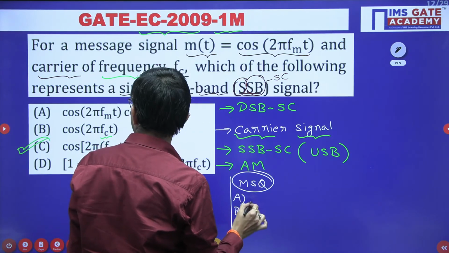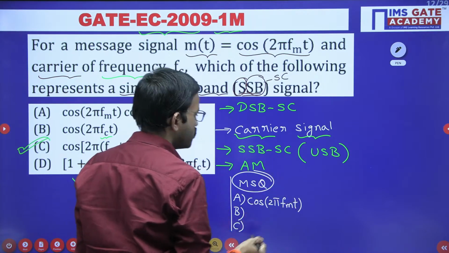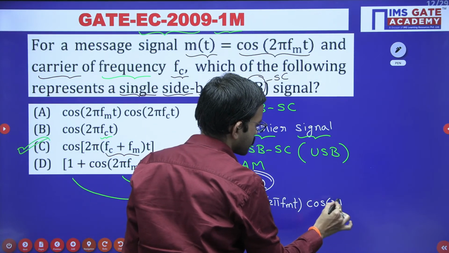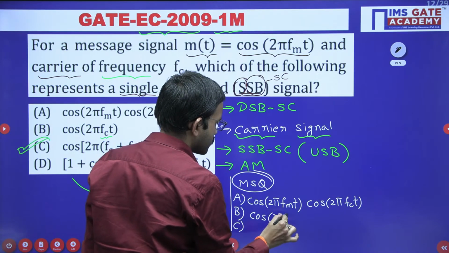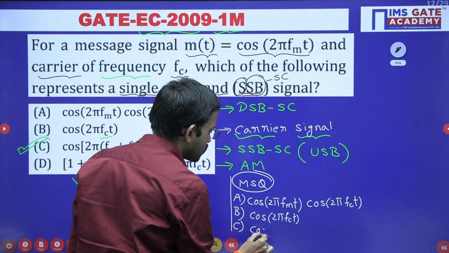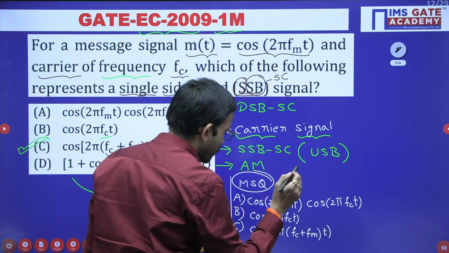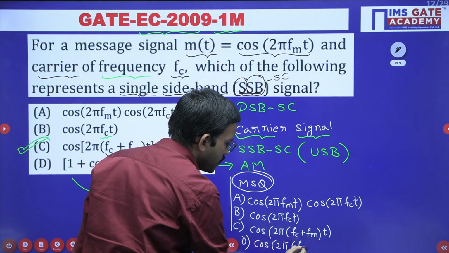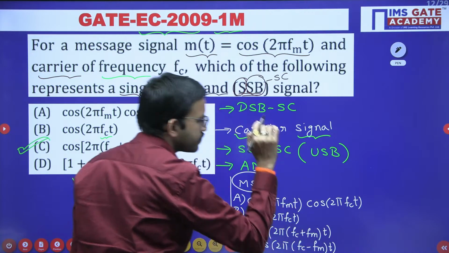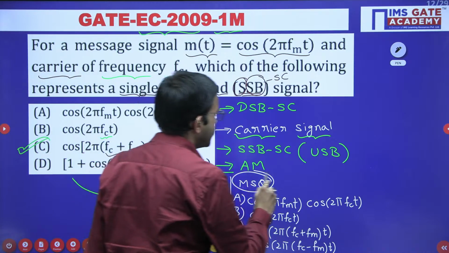Say for example, I am repeating once again: option A is cos 2 pi fm t times cos 2 pi fc t, option B is cos 2 pi fc t, option C is cos 2 pi (fc plus fm) t, and option D is as given. Suppose they have given it like this and the question is an MSQ, then which options will you choose? Same question, but I have modified it as an MSQ.